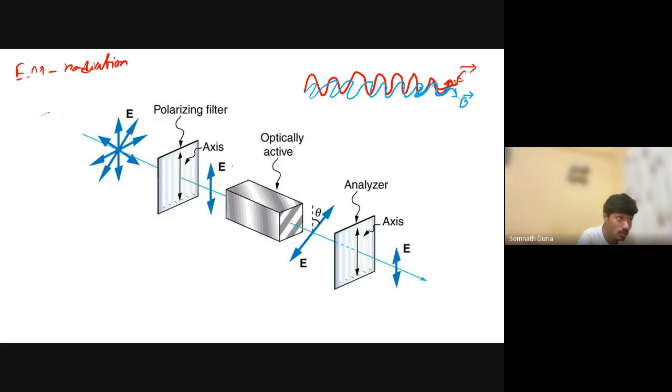Here we are only talking about the electric field, so my electric field is propagating like this. If we look from that direction, suppose this is our eye, how does it look from that direction?